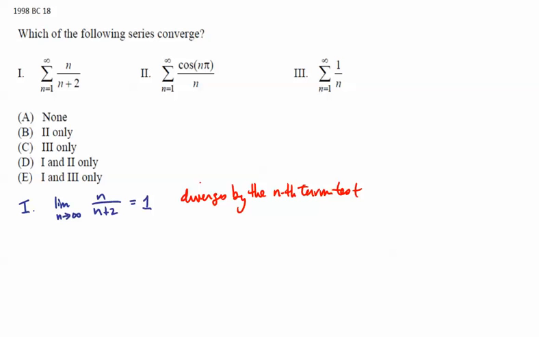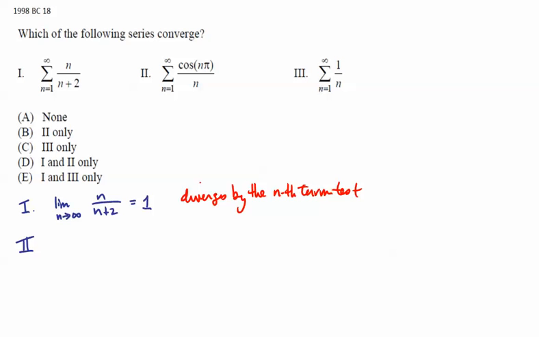The second one is cosine of n pi over n, and the sum from n equals 1 to infinity. So what you might want to do with some of these is to write out the first few terms of them. Now this one, the limit as n goes to infinity actually does approach 0, so the nth term test is not going to help us here.